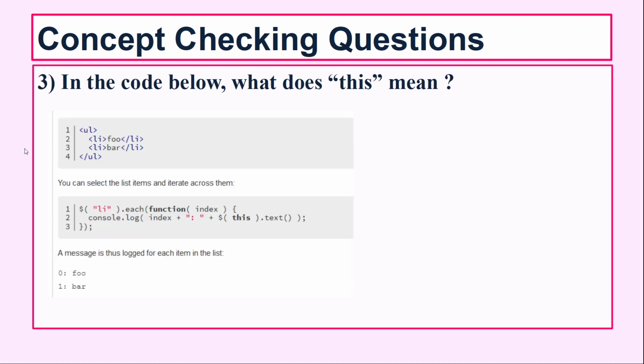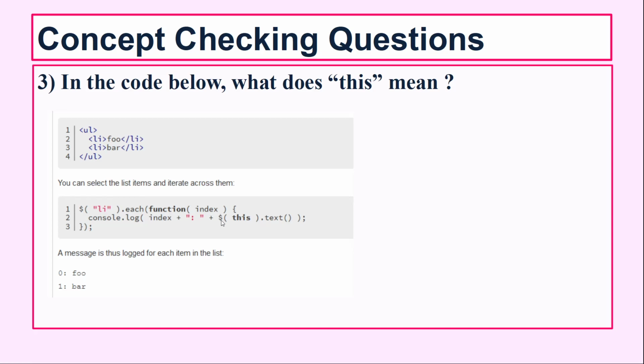The third question, in the code below, what does this mean? Well, we use this with our plugin in OOP, and it refers back to itself. So in our plugin code, this was talking about the name of the class. In the function for JavaScript or jQuery, this is referring to the function's name.